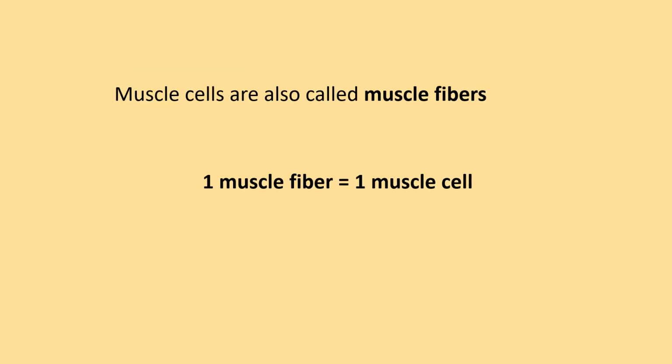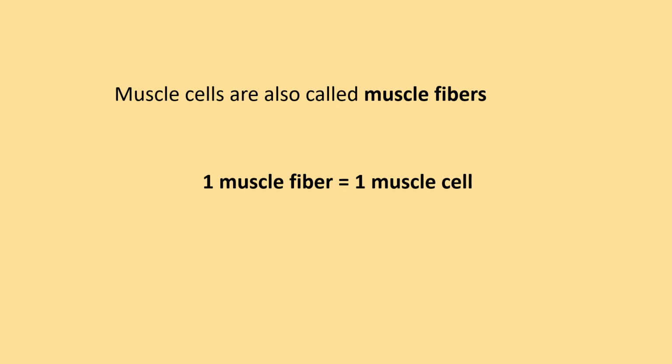There's a lot of vocabulary that goes along with muscle cells, and sometimes there are many synonyms, two or three different words that all have the same meaning, and I try to use all those words so that in the future, if you encounter those words, you'll recognize them and you're not fixed on just one set of vocabulary words.